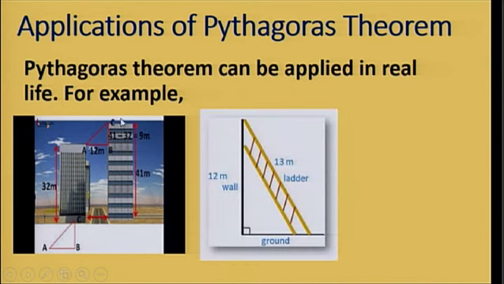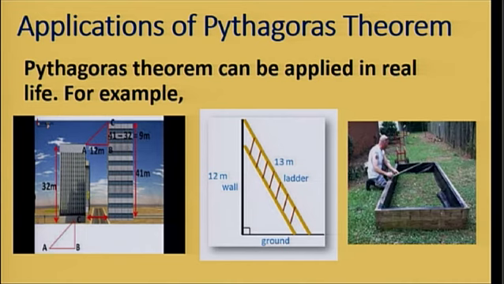Very often we have a ladder which is inclined, and if I want to find the distance between the foot of the ladder and a wall, I can make use of Pythagoras theorem. Sometimes in construction works, we can also use Pythagoras theorem to obtain proper right angles.